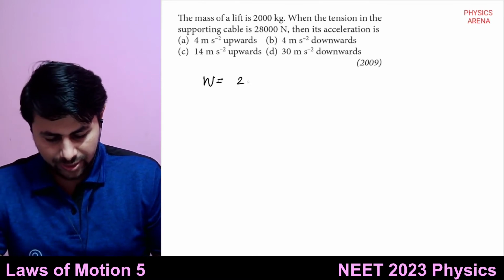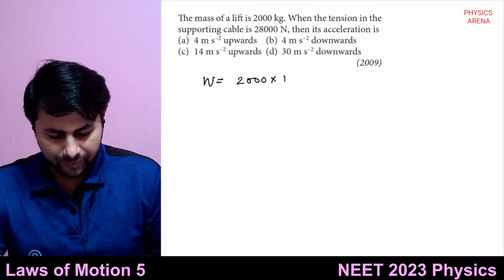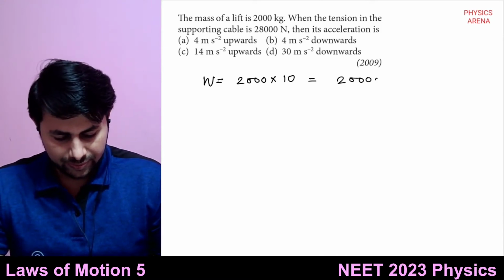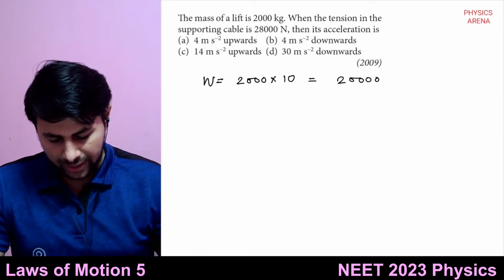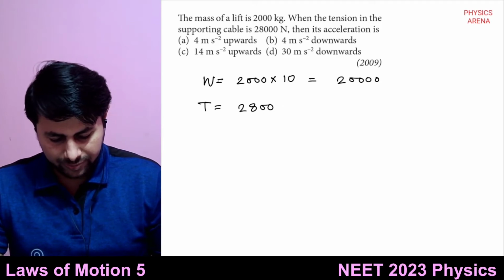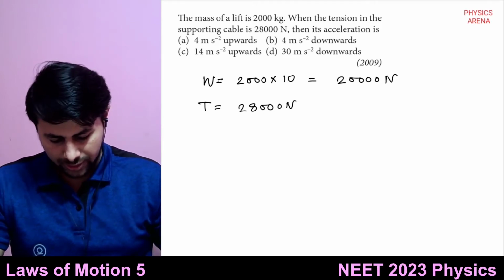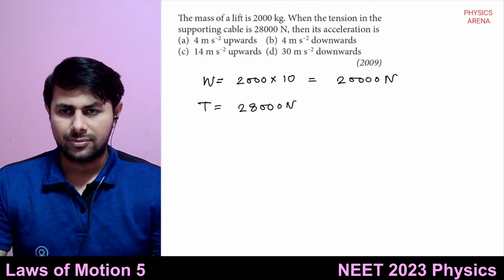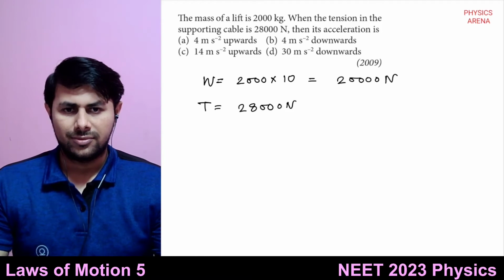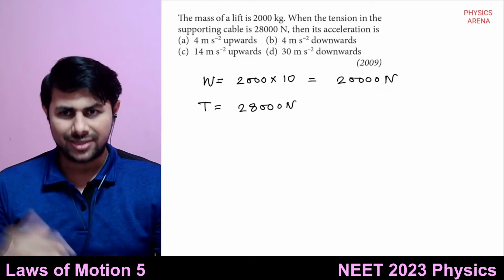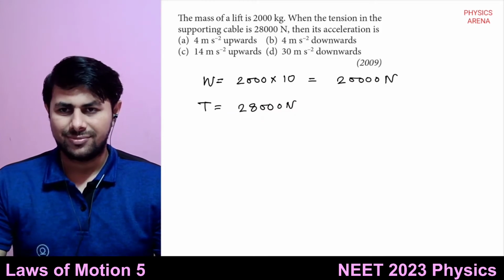Weight is 2000 multiplied by 10, let's say, 20,000. And the tension is 28,000 newton. So is it accelerating upwards or downwards? Tension is greater than weight, so it is accelerating upwards, right?